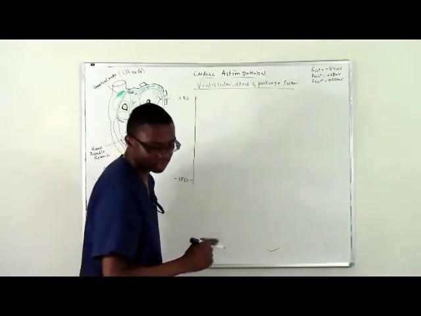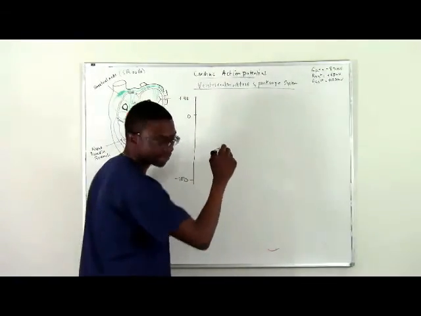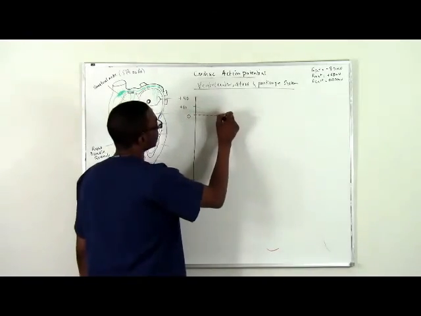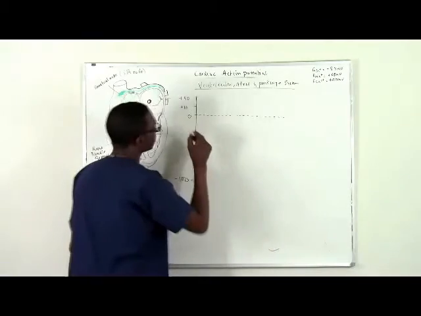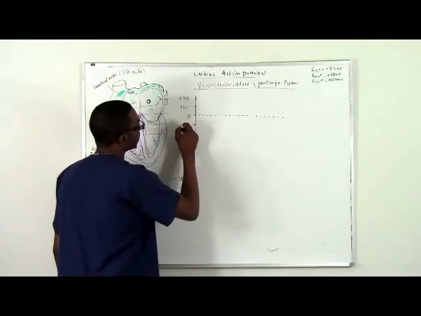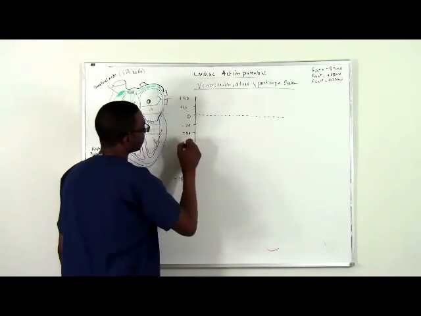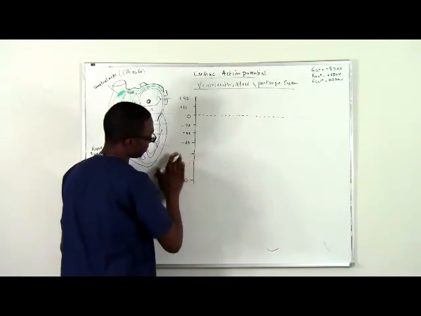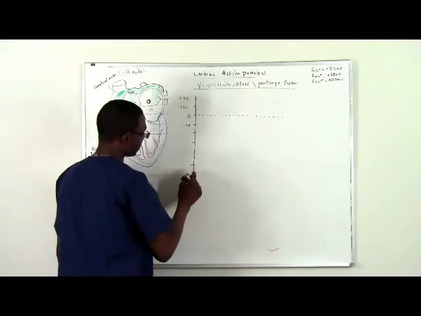And we've got 0 up here, positive 20, and let's draw a line. And we've got 20, negative 20, negative 40, negative 60, negative 80. Actually, let's make it much bigger.